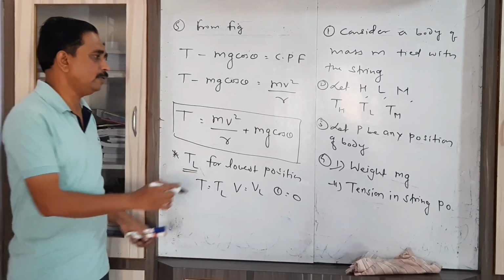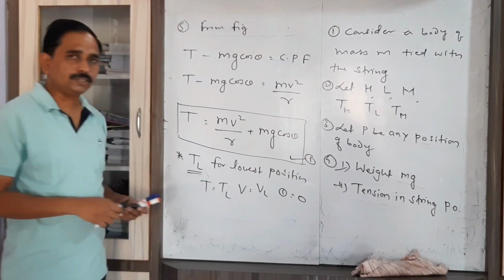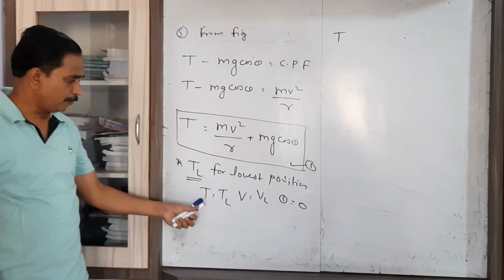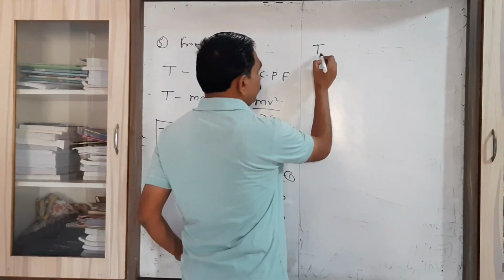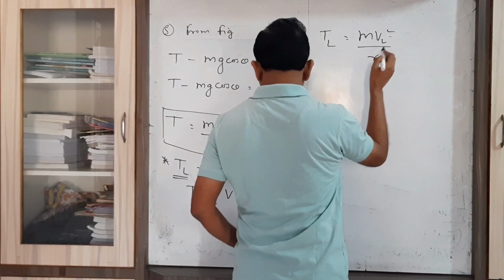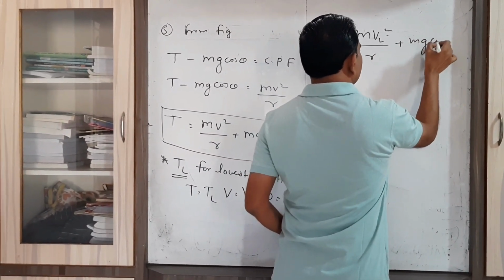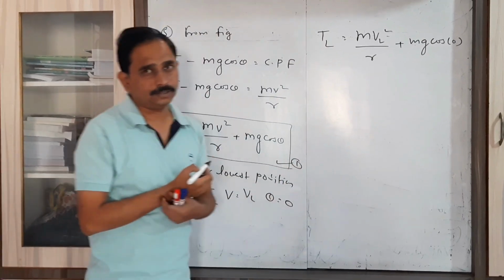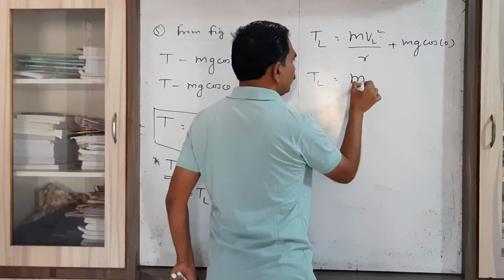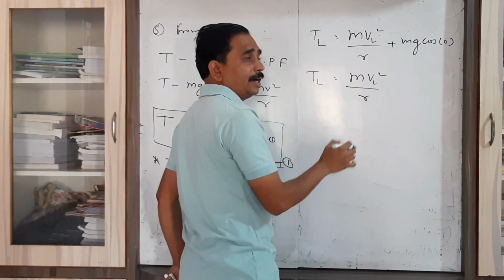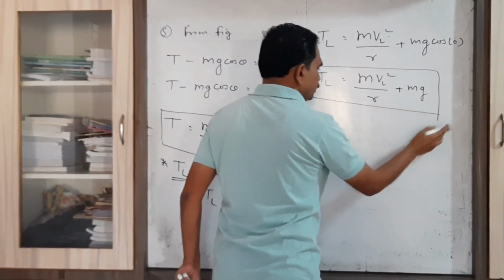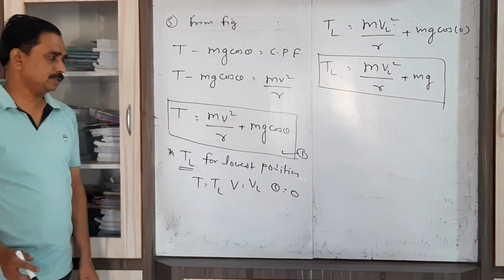Putting these values in T equal to mv square by r plus mg cos theta, we have TL equal to m VL square by r plus mg cos 0. All of you know that cos 0 is 1. That's why I write here tension at lowest position equal to m VL square by r plus mg. So this is the expression for tension in the string at the lowest position.